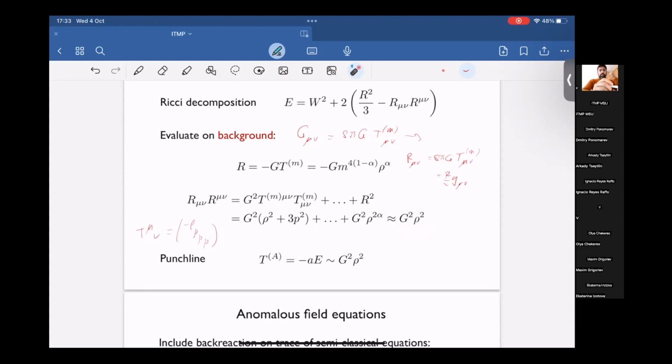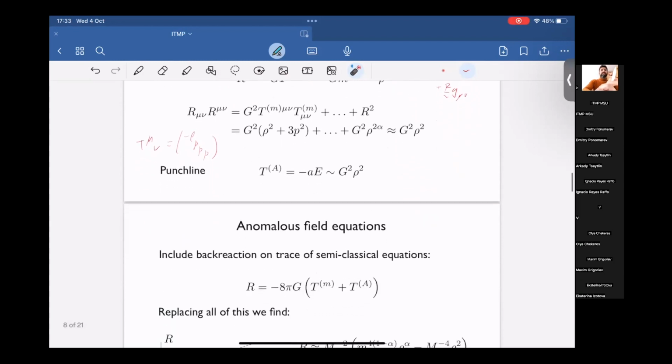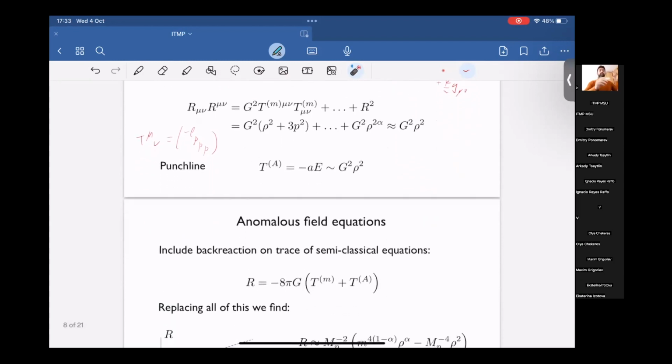But that does not mean that the same is true for all combinations of all possible curvature invariants. Because there's one very particular curvature invariant, namely the Ricci scalar, which is suppressed with respect to all other combinations, precisely because this thing gets suppressed at high energies because you are approaching the conformal point of the theory.